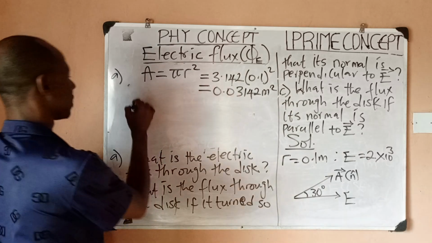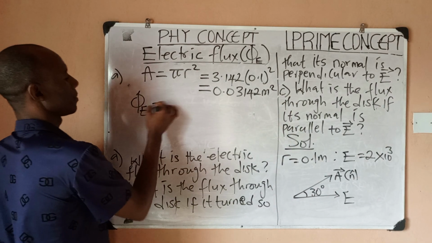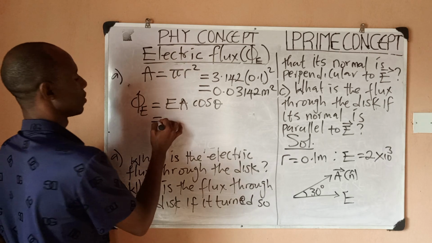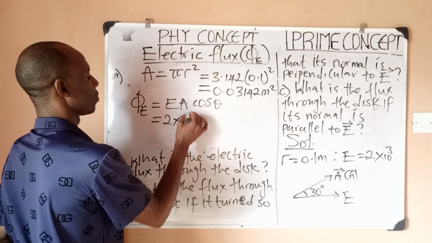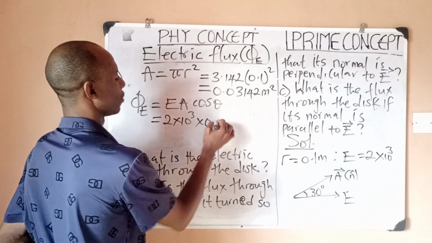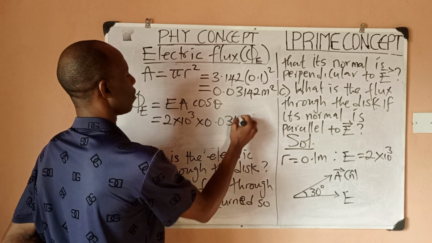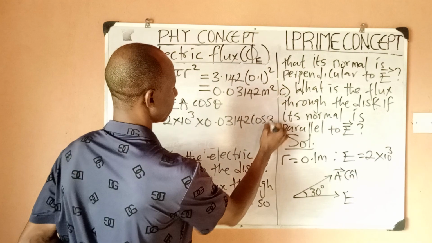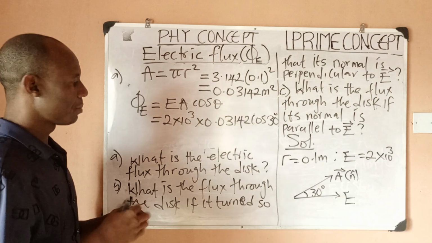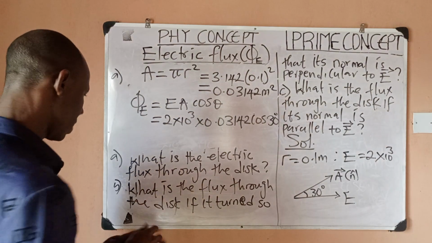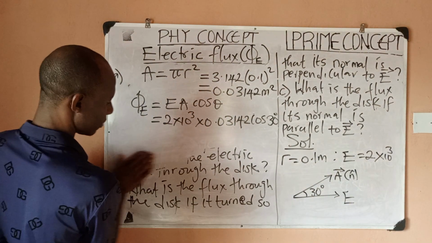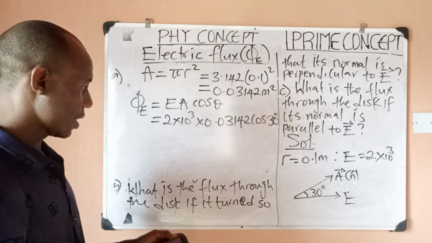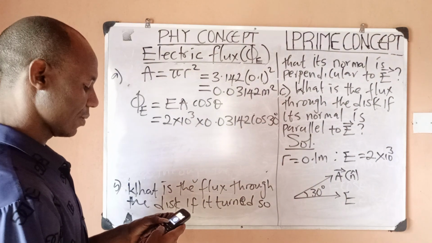So I want to solve the first part, which is phi E equals EA cos theta. So my E is 2 times 10 to the power 3. My area is 0.03142. Cos the angle is what now? 30 degrees. So if I punch this, cos 30 is 0.8660.